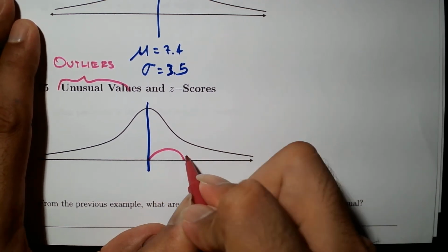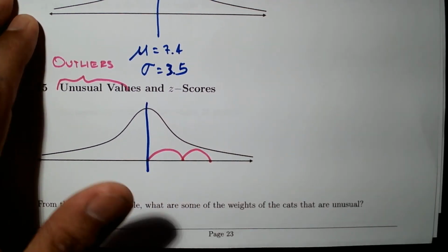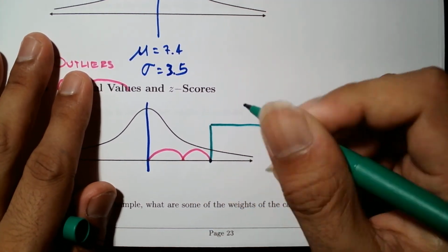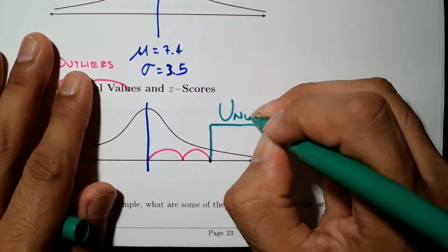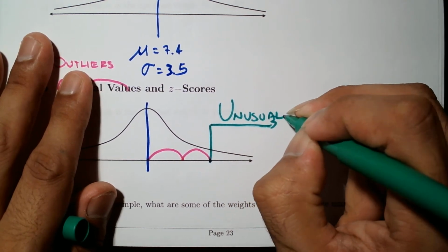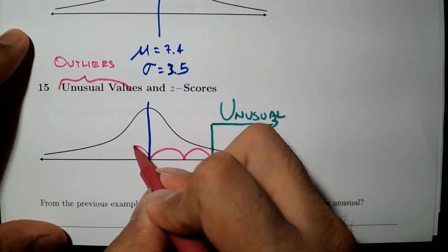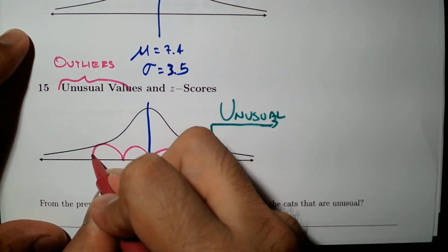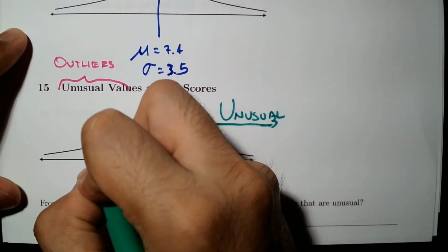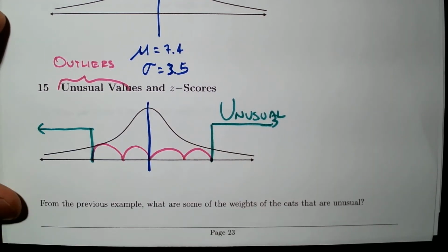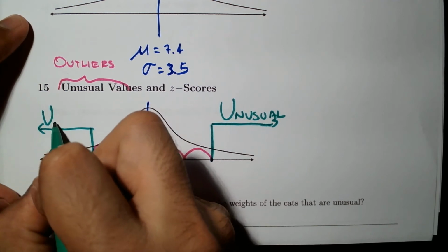We're going to go 2 standard deviations. Anything bigger than that will be unusual. On the other hand, in the left direction, because we're not dealing with negatives, that's also going to be unusual.